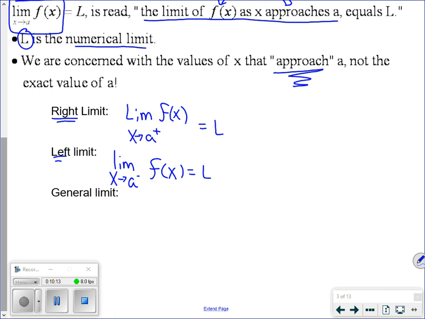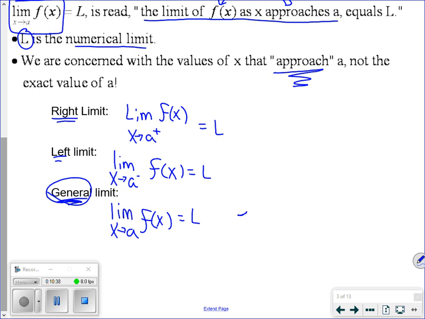Now, the general limit is what we were talking about above with all those examples. That's just saying generically the limit as x is approaching A of f of x equals a number. Now, by definition, a general limit is only true if the left and right limits are equal.